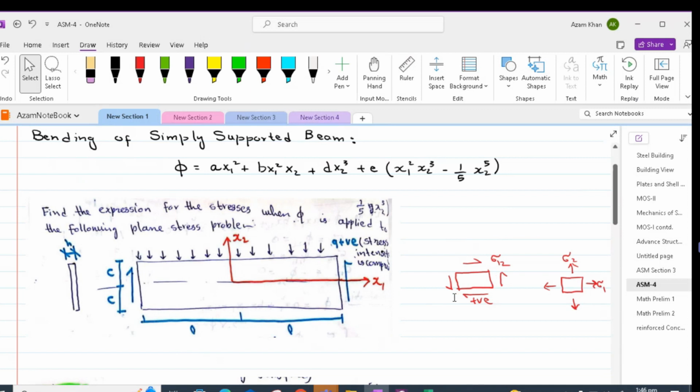According to the convention adopted in this question, shear causing clockwise rotation is considered positive. So the vertical shear is shown causing clockwise rotation, and that is positive. Similarly, axial stresses sigma 1 and sigma 2 facing outwardly are positive. In other words, tension is considered positive.